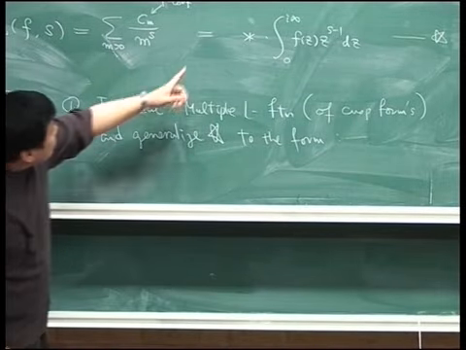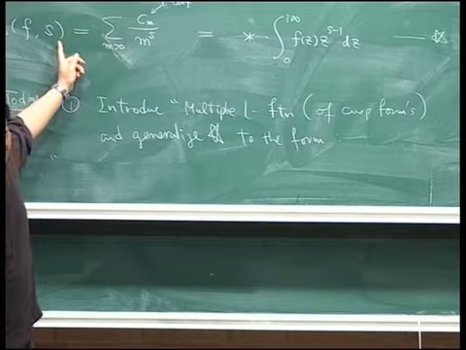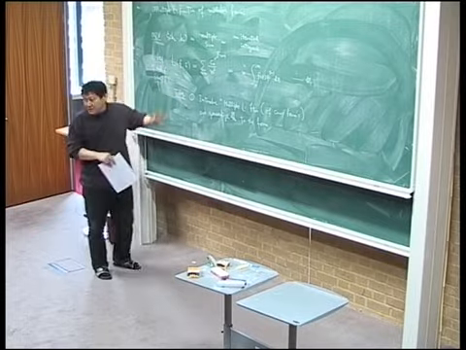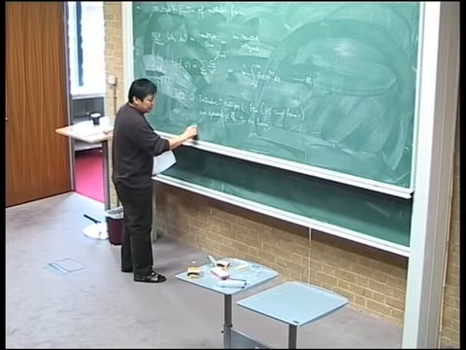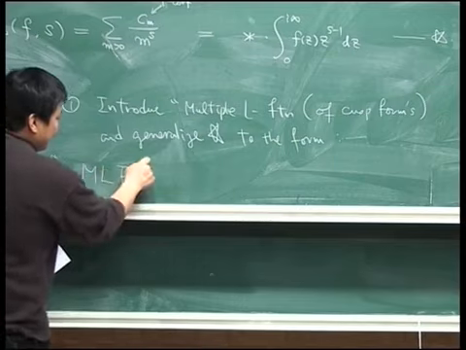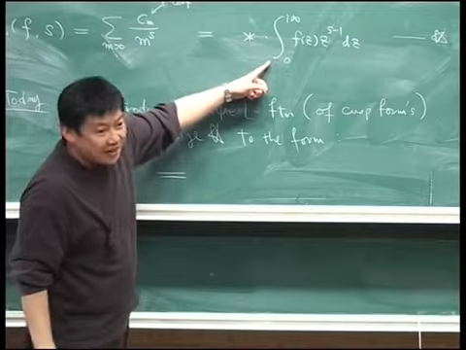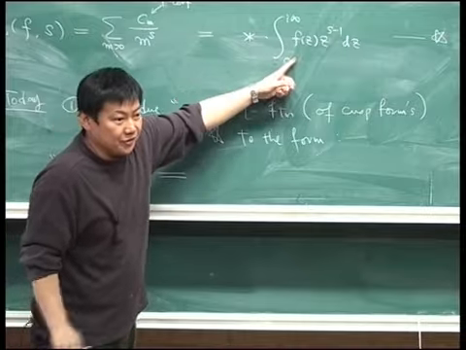In the classical identity, the left-hand side is the L function, so you will see the multiple version, the multiple L function, on the left-hand side. And the right-hand side is replaced with the iterated integral of cusp forms.